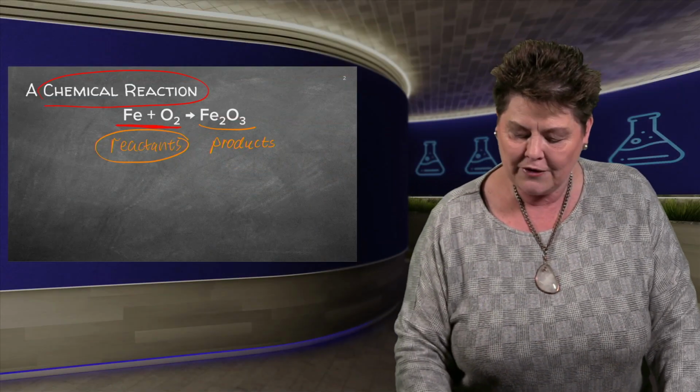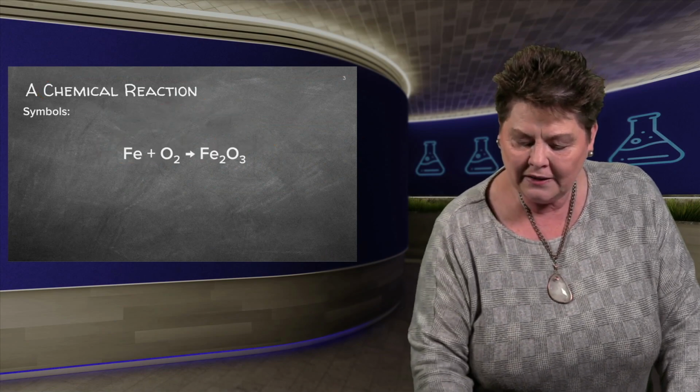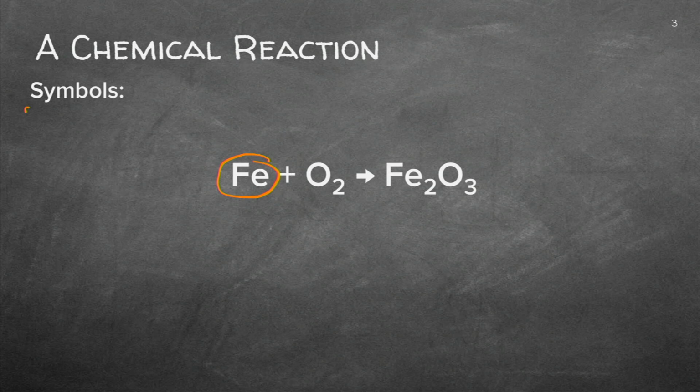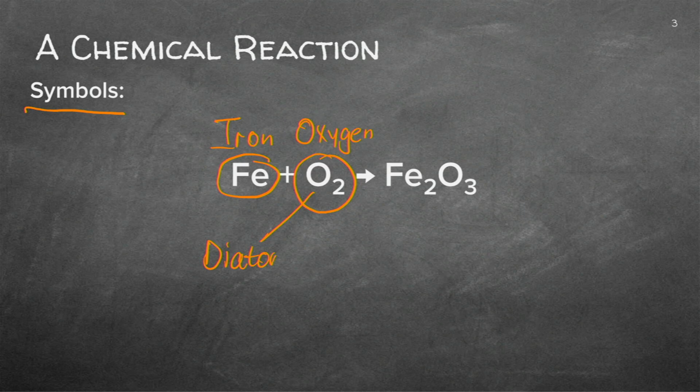Right, what do we have here? We've got iron. Can you see there? That's the symbol of iron. In your periodic table, it's an element, and you've got oxygen. And you know oxygen is O2 because it's a diatom. And if you forgot that, remember we said, I bring clay for our new home.